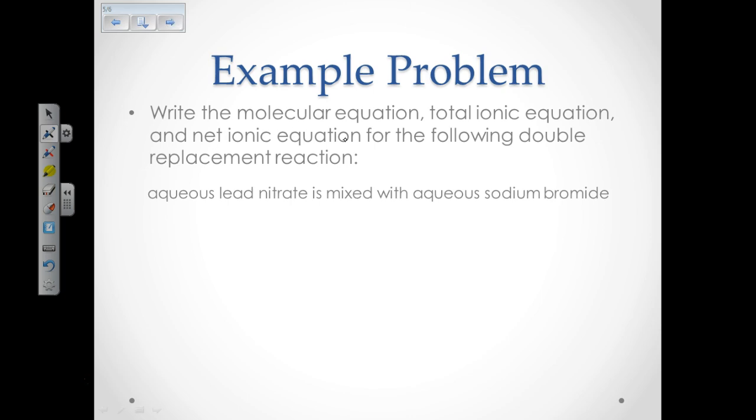Okay, so it says, write the molecular equation, total ionic equation, and net ionic equation for the following double replacement reaction.